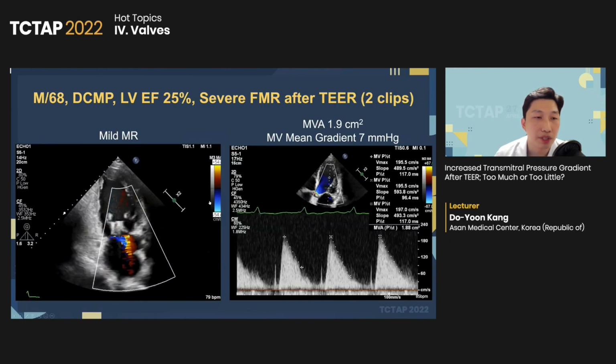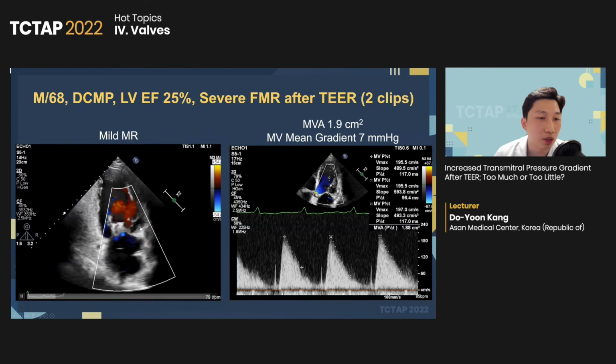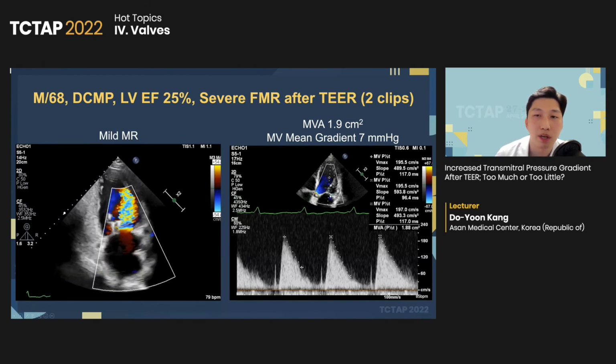On the next day after the procedure, the TTE showed mild MR. However, there was some limitation of the mitral valve area, 1.9 square centimeters, with a slightly increased mitral valve mean pressure gradient of 7.